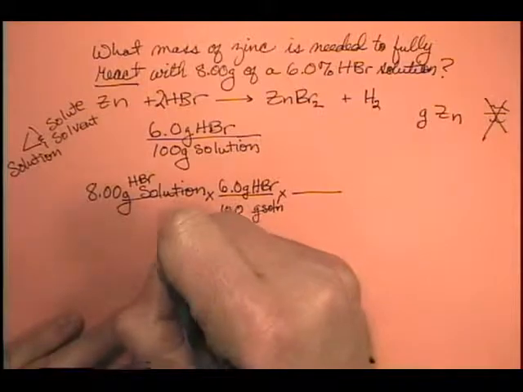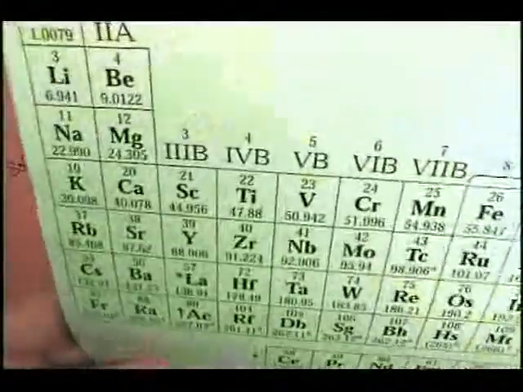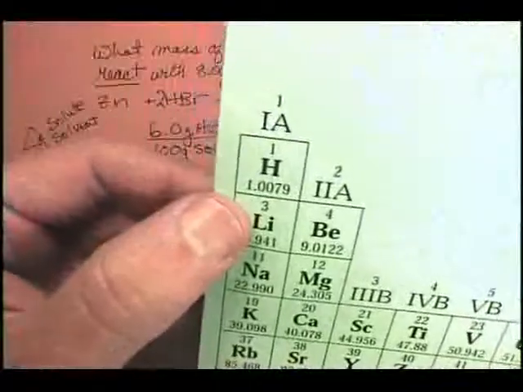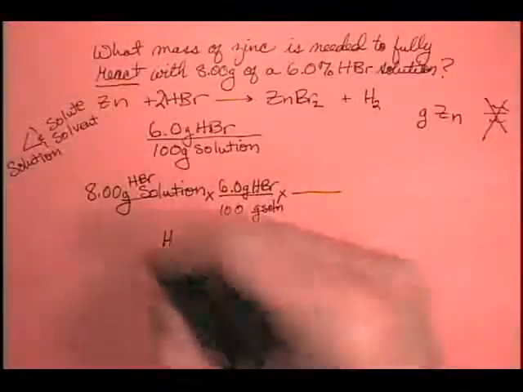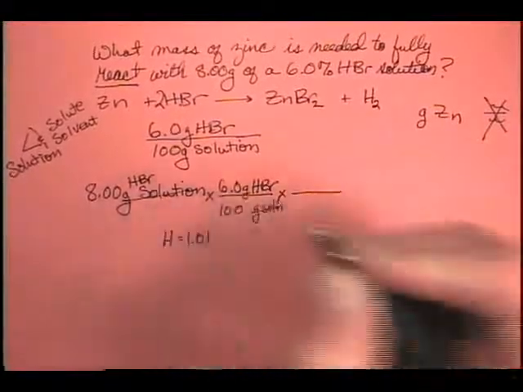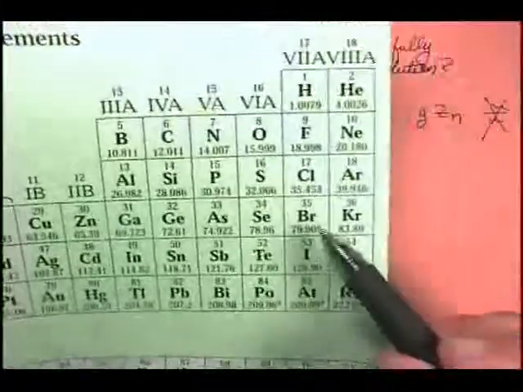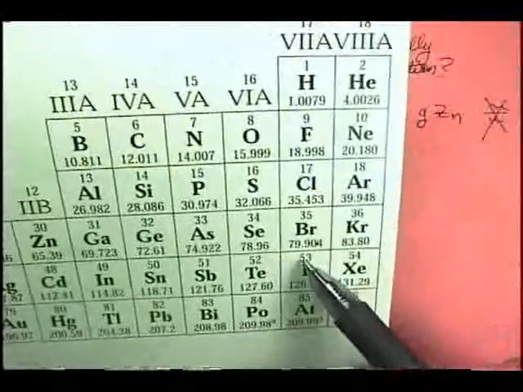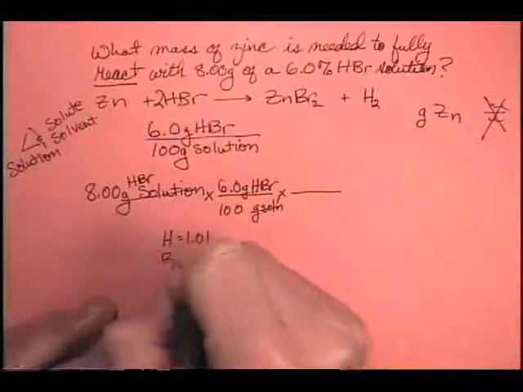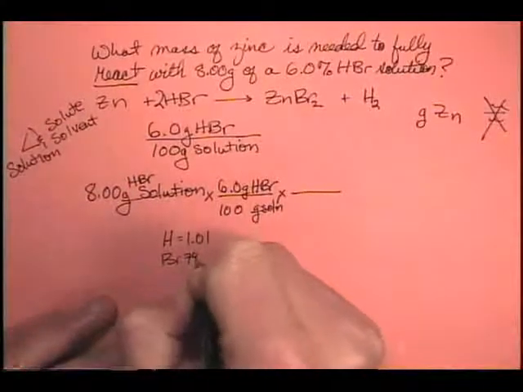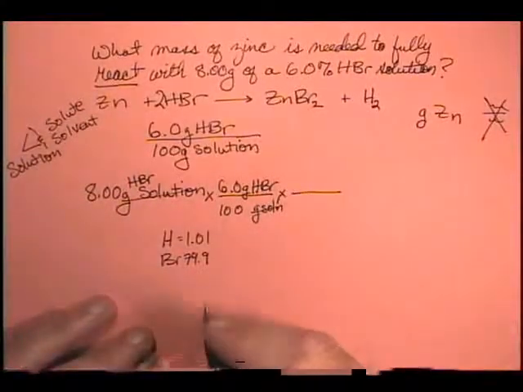So remember, H has a molar mass of 1.01, and bromine over here has a molar mass of 79.9.